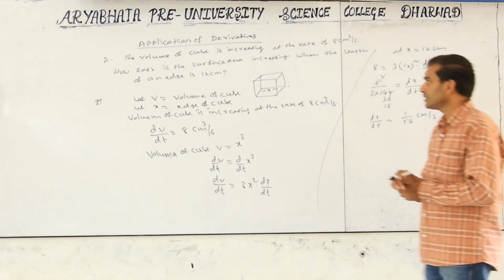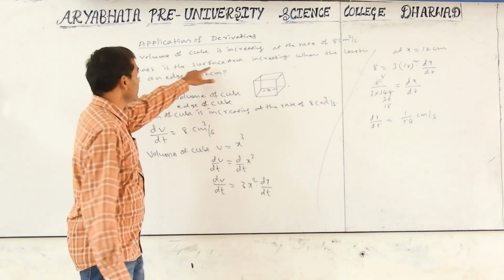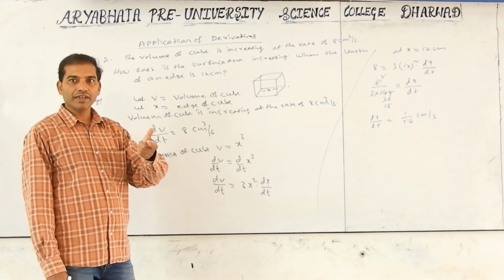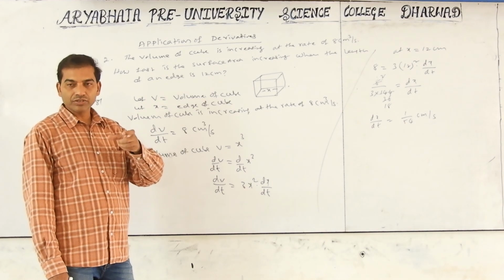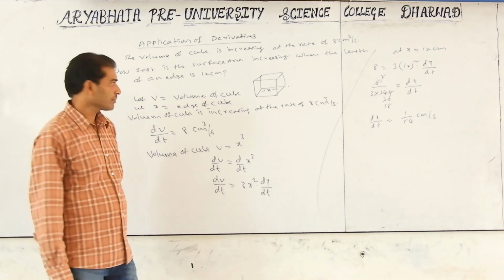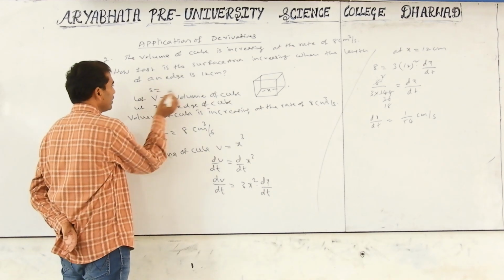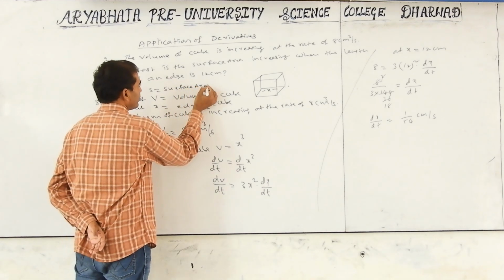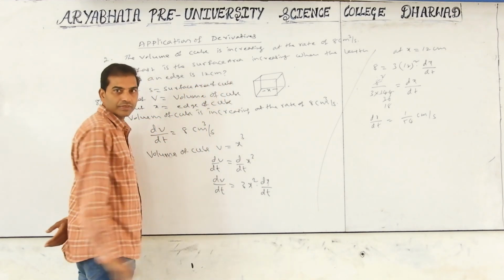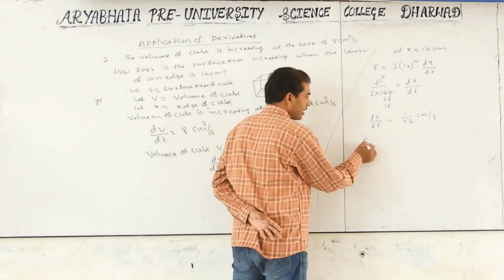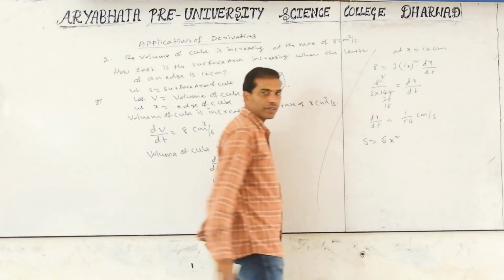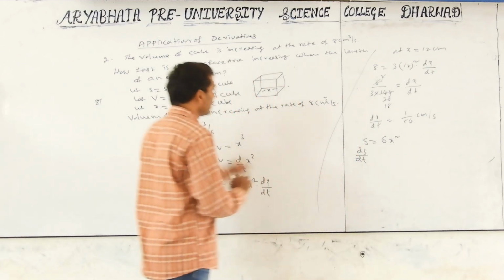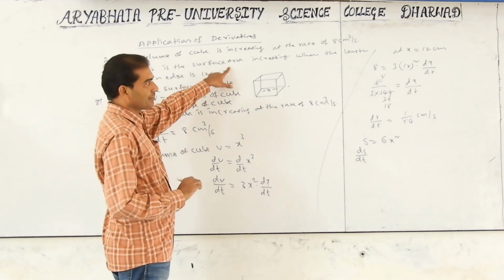But we are going to find how fast the surface area of the cube is increasing. So we should find the surface area. Let the surface area symbol be S. The S stands for the surface area of the cube. So tell me the surface area of a cube formula: S is equal to 6x square. So dS by dt, its meaning is the rate of surface area.